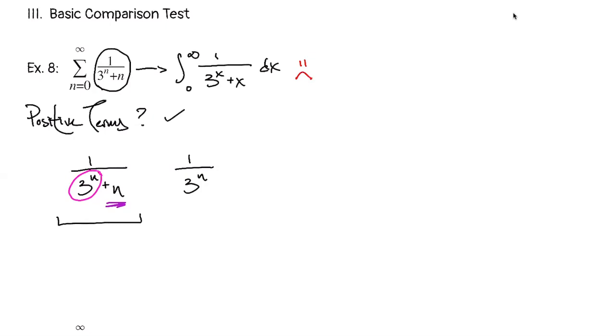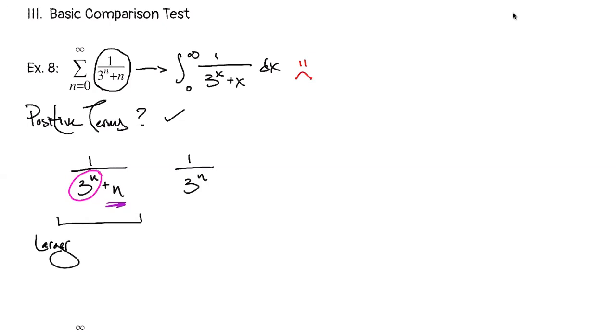The denominator on the left will be larger, making the number closer to 0.